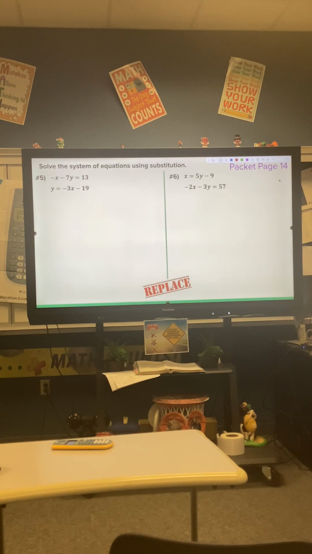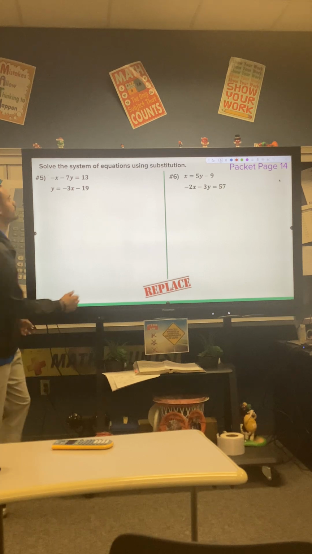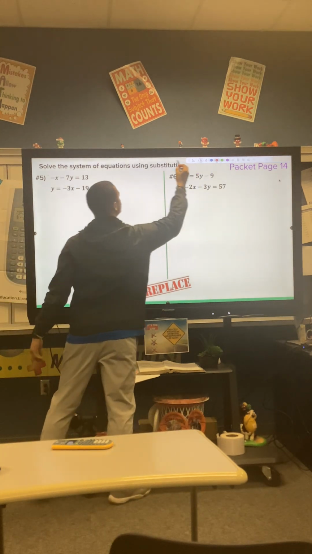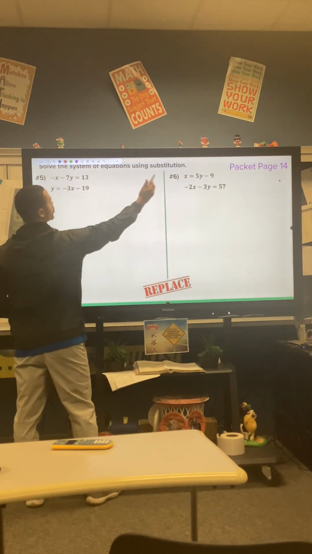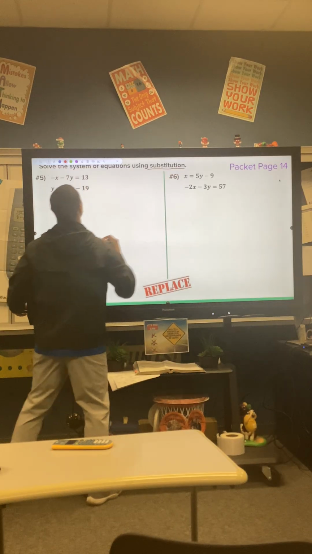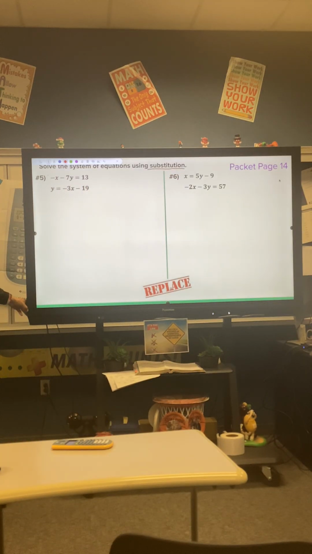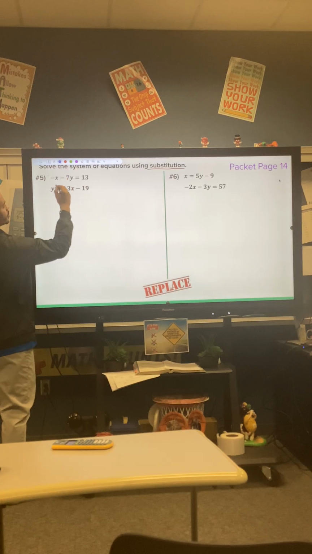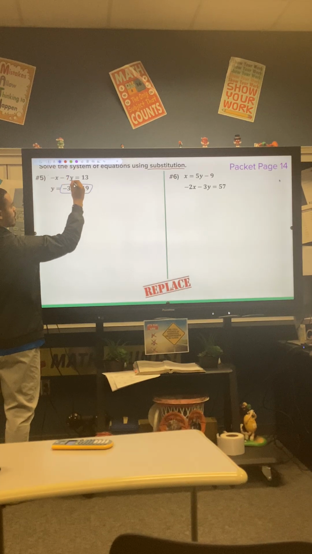What am I doing first? What's this whole thing called? You're gonna do the first equation first, right? Right, but what am I doing? I have to do what? Substitute. So what am I substituting? The x and y. Right, so where I see y, I'm doing what?